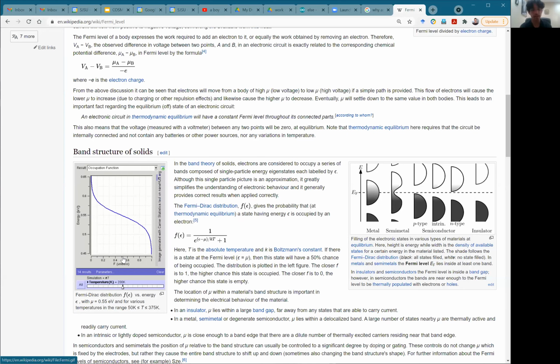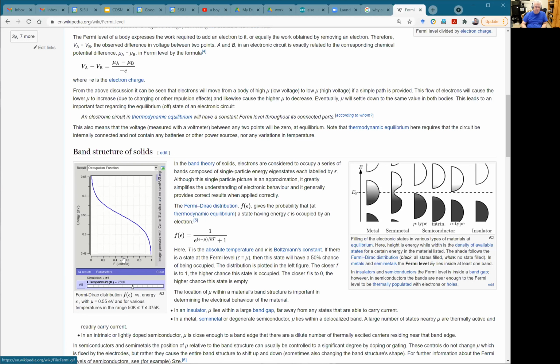So that line would become a sort of diagonal line. I'm not exactly certain about that, but I am certain that there are an equal number of electrons in the valence and conduction band, above the Fermi level as below, as temperature becomes very large.